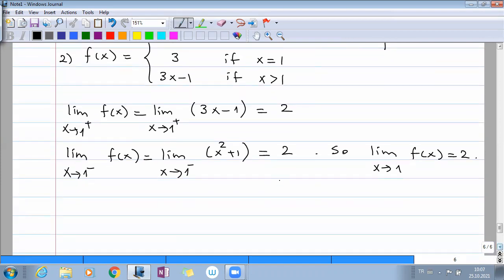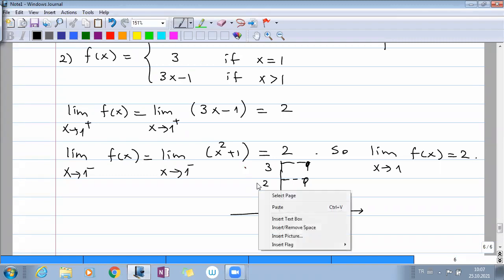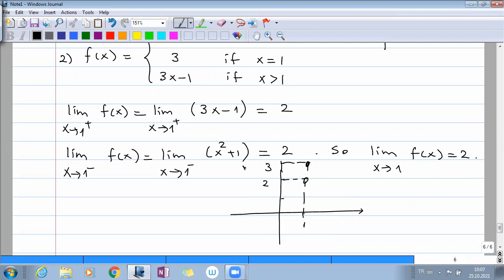And the graph of this function is x squared plus 1 and 3x minus 1.